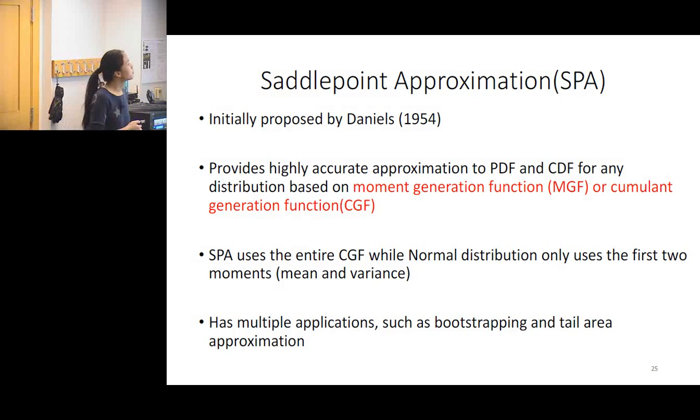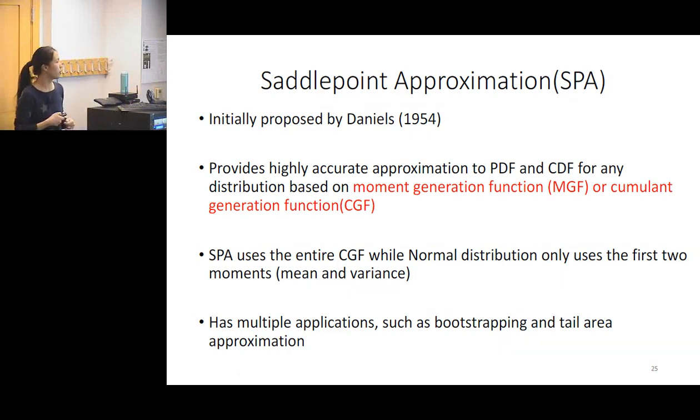So we started looking at a method called saddle point approximation. It was initially proposed by Daniels back in 1954, and it can provide a highly accurate approximation to the probability density function for any distribution based on the moment generating function.